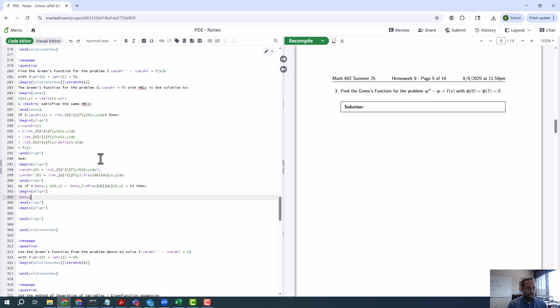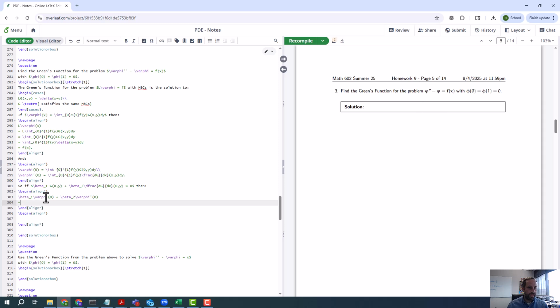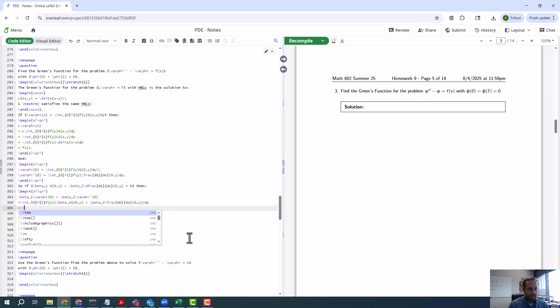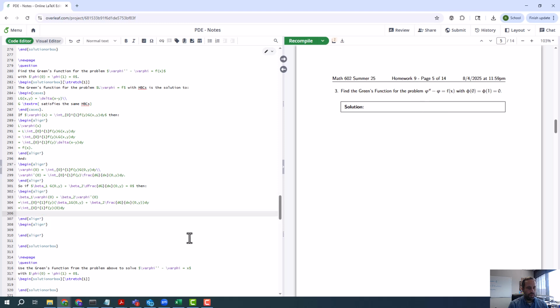So we're going to get beta 1 phi of 0 plus beta 2 phi prime of 0 is equal to the integral from 0 to 1 of f of y times beta 1 g of 0 comma y plus beta 2 times the derivative of g at 0 dy, which equals the integral from 0 to 1 of f of y times 0, because g satisfies the boundary conditions, equals 0.